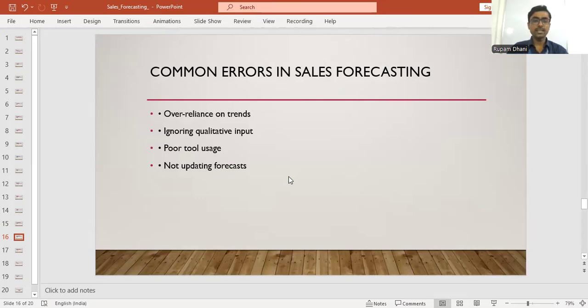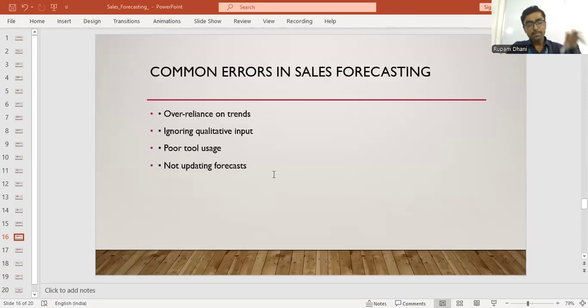Now, there are also some common errors that we have to discuss for sales forecasting. First is over-reliance on trends without considering other factors. Then ignoring qualitative input, as I already told, which can provide crucial insights not captured by data alone. Because data says something else.